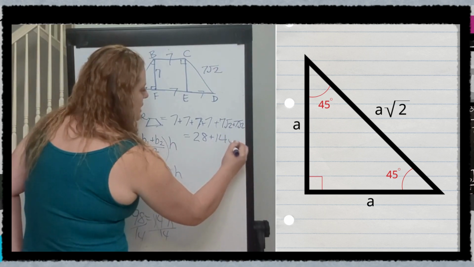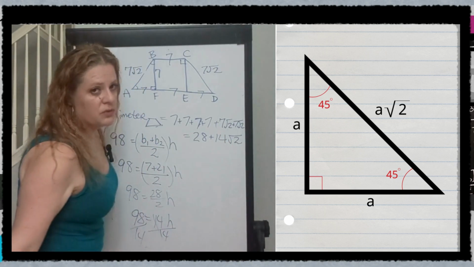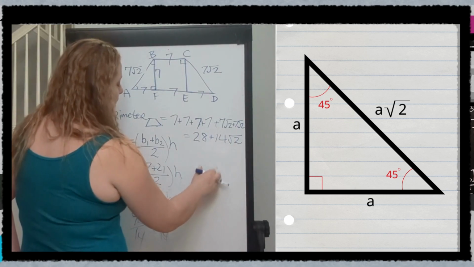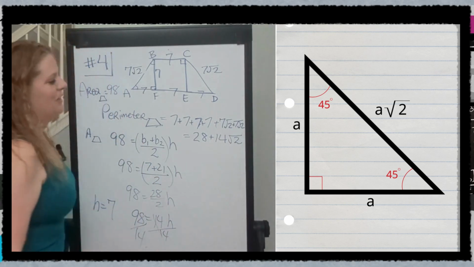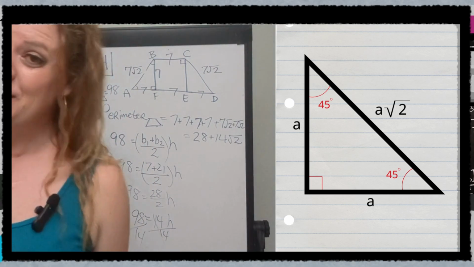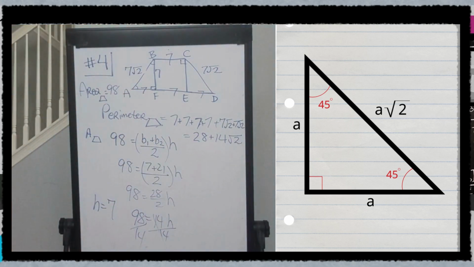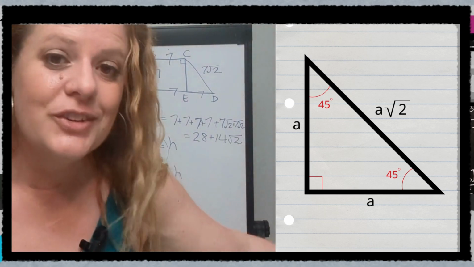That gives me 14 square roots of 2. And that's probably your answer, to be honest with you. So let me look at the answer choices to see if that is one of them. Dang, it's one of them, I think. Yeah, 28 plus 14 square roots of 2. There's your answer.